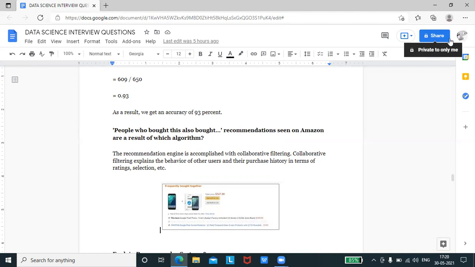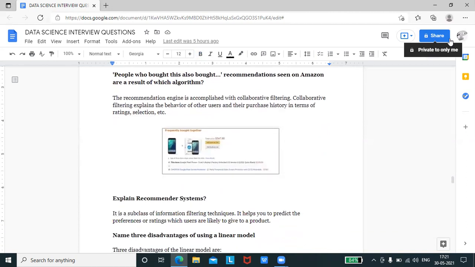Collaborative filtering explains the behavior of other users and their purchase history in terms of ratings, selection, etc. So we often see this when we purchase something on Amazon, right? So it's purely the recommendation concept so that we don't have to miss out on similar items.